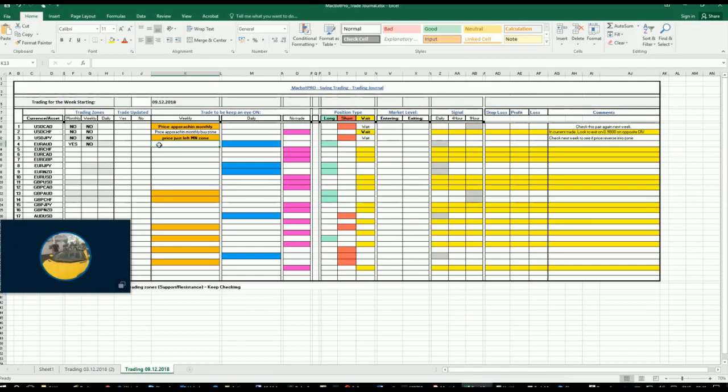Okay, so weekly: price inside monthly. Position type: wait.